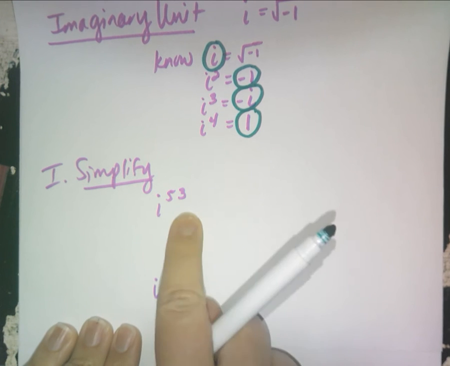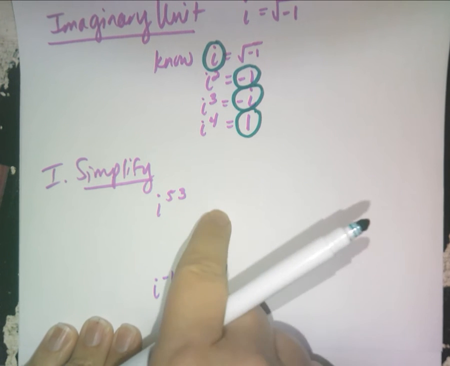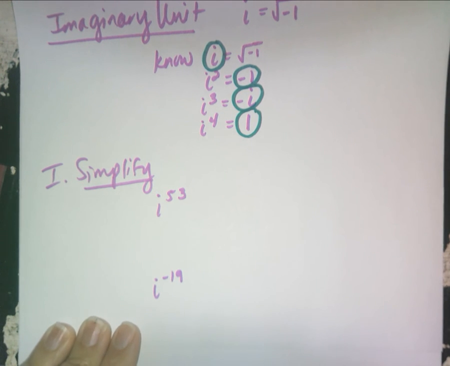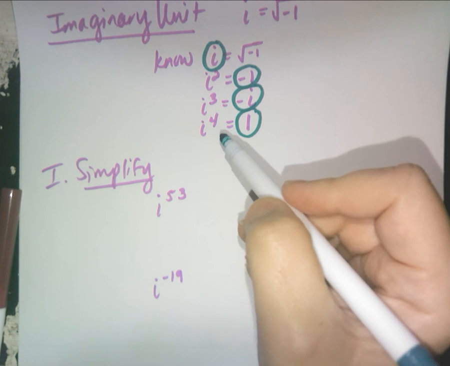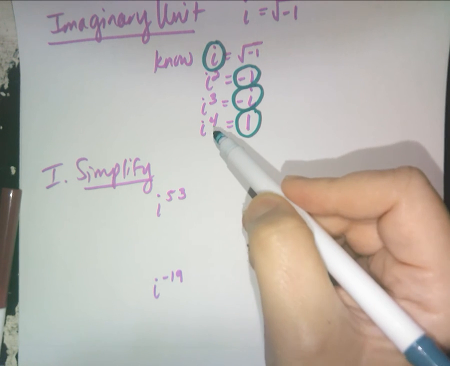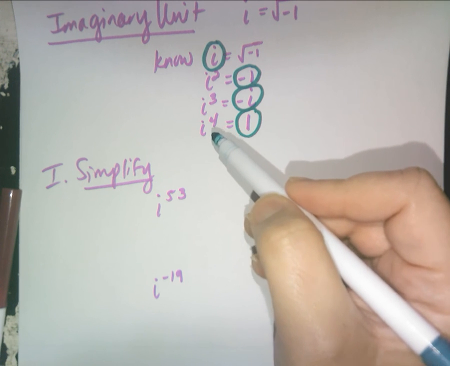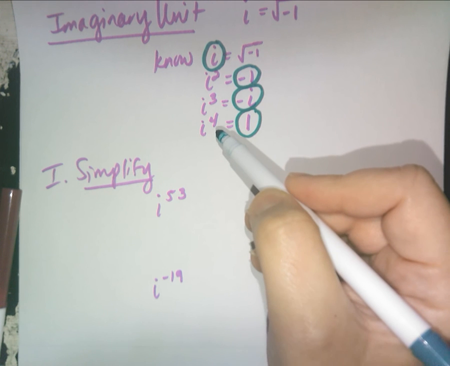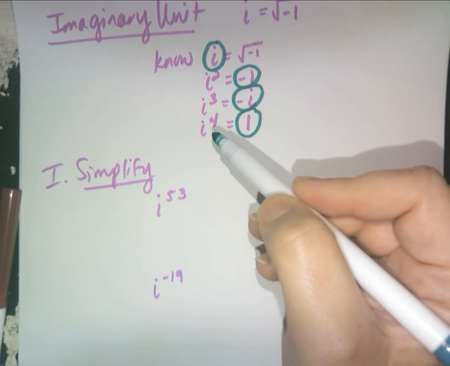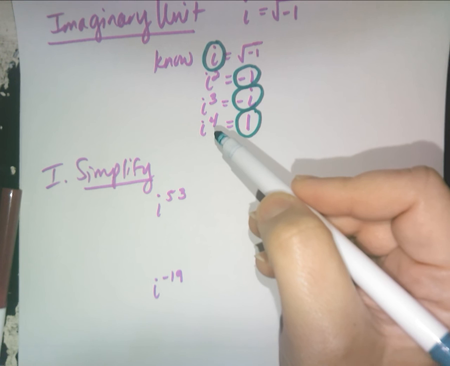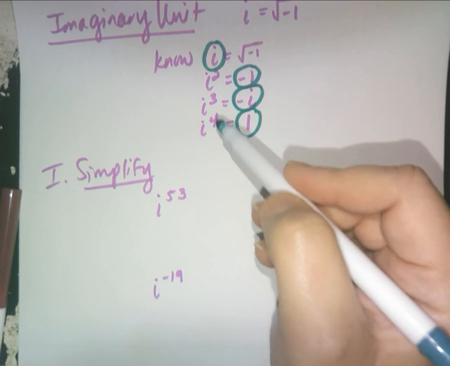Well, how can we figure out 53 without having to do this 53 times? The way that I do it, and you might have a different way, is that for every 4 i's, that becomes what? 1. So I want to cancel out all the 4 i's, and whatever the remainder is, that's one of these.